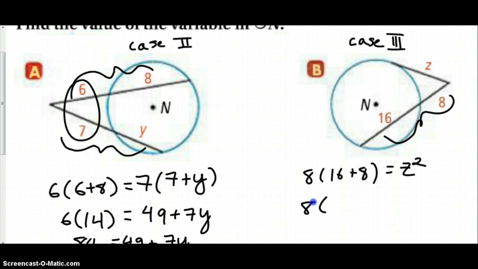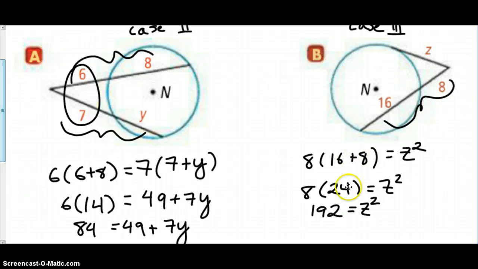You add 16 and 8 together, which will be 24. That's set equal to z squared, which gives you 192 equals z squared, and that's going to be equal to 13.9. And so z equals 13.9.